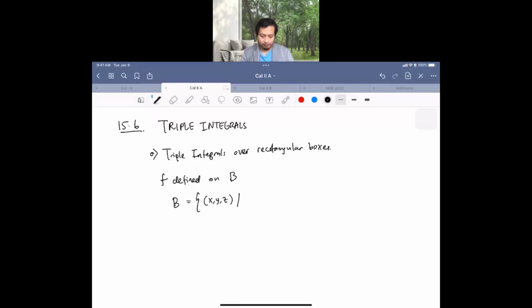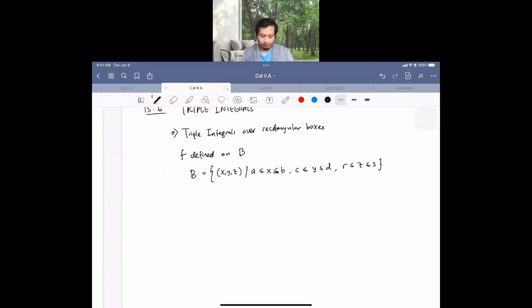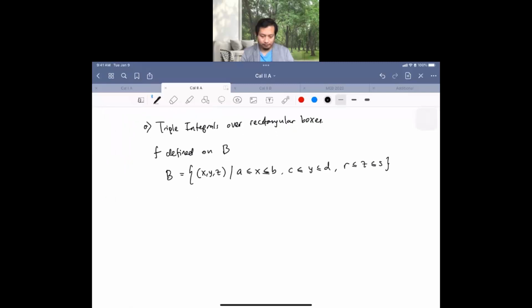So let's say we now have three variables x, y, z, and we have a to b for x, and then c to d for y, and for z is r to s. Okay.